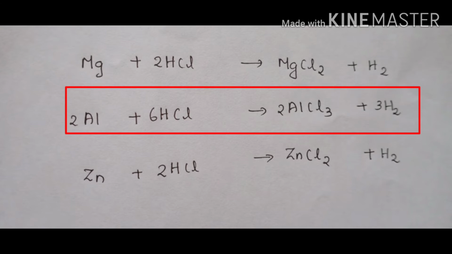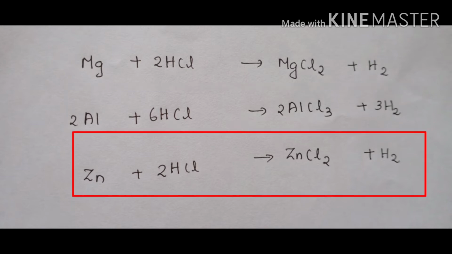Aluminium reacts with hydrochloric acid to give aluminium chloride and hydrogen and can be represented as 2Al + 6HCl gives 2AlCl3 + 3H2. Zinc reacts with hydrochloric acid to give zinc chloride and hydrogen, and the reaction can be represented as Zn + 2HCl gives ZnCl2 + H2.